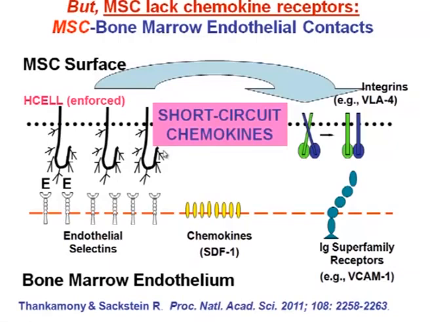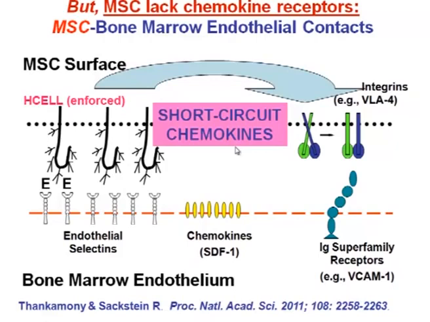So when we enforce E-selectin binding on the CD44 scaffold, and E-selectin binds to that H-cell molecule, that CD44 glycoform, it effectively activates integrins, importantly integrin VLA4, without chemokine input. This process we call the step 2 chemokine bypass pathway.